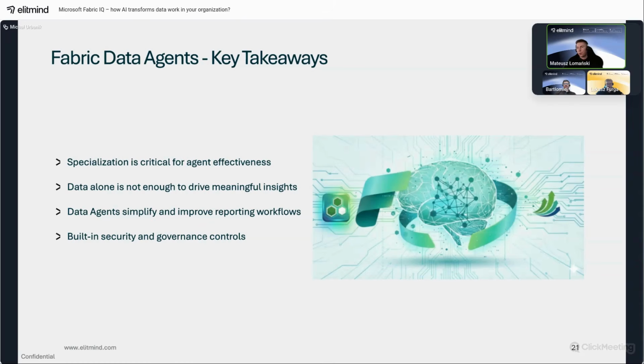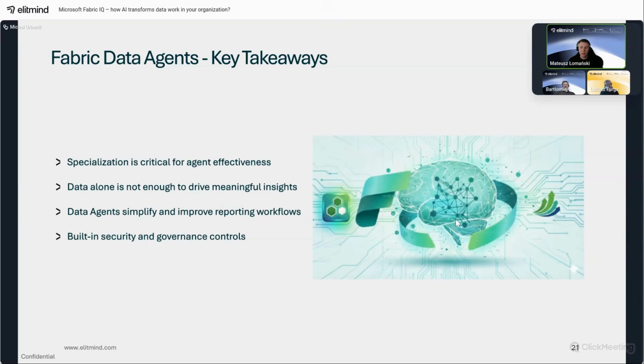Three, simplify reporting workflows. Data agents significantly streamline reporting workflows. Instead of waiting for reports from the BI team, users can get answers independently. Four, built-in security and governance. Security controls are foundational, not an add-on.